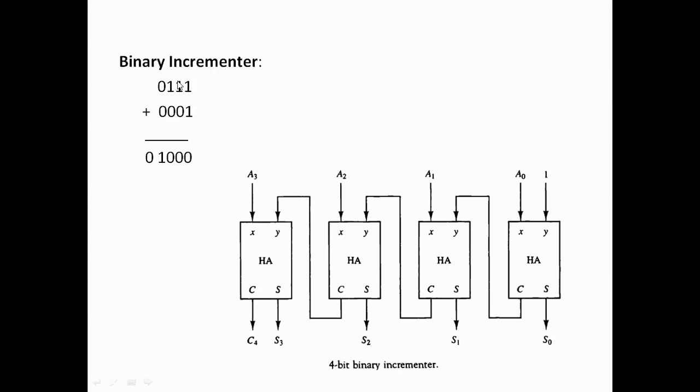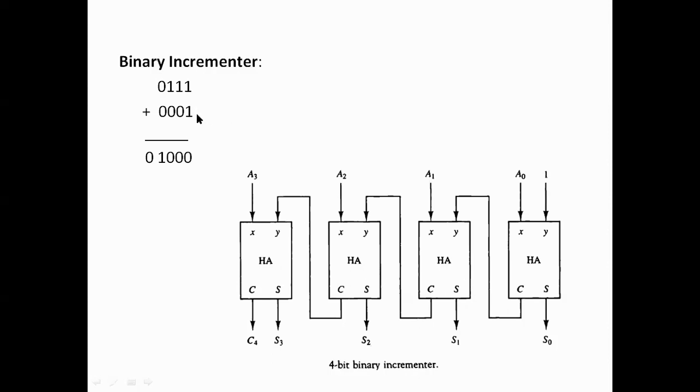Here also we need a half adder, and here also we will need a half adder. Fine. So we obviously will need 4 half adders for doing increment if the number is 4 bit. So a 4 bit binary incrementer will have 4 half adders.